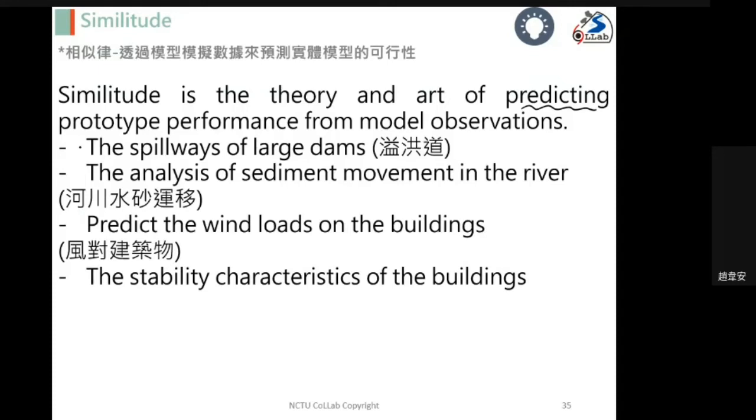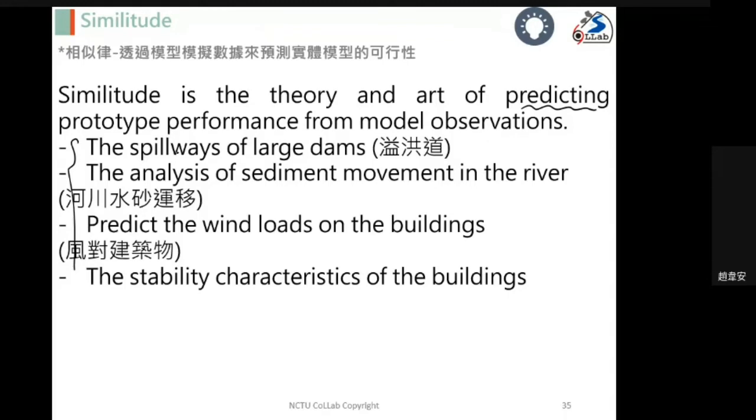I just list 4 topics, and they are very important. The first one is the spillways of large dams, then the analysis of sediment movement in rivers. The third is predicting the wind loads on buildings. And the final one is the stability characteristics of buildings.